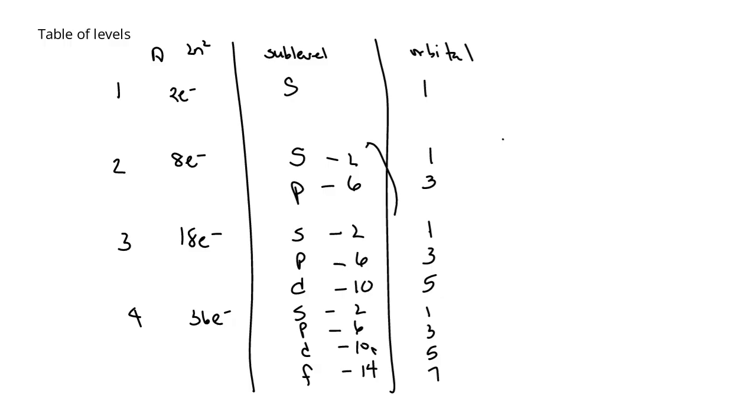You will have questions like this. How many sublevels in level number 3? So you have 1S, 3Ps, and 5Ds. Knowing how many sublevels is critical, is important for where we are heading.